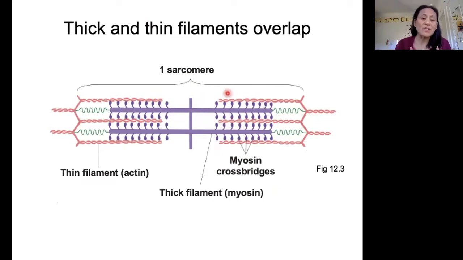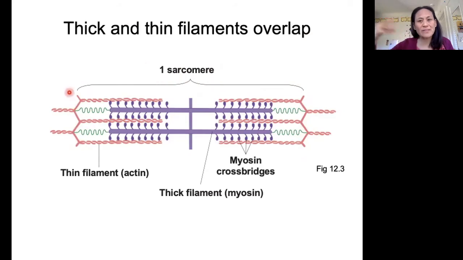When we are talking about muscle contraction, we think of these thick and thin filaments in functional units. Okay, so the functional unit that we talk about is the sarcomere. So a sarcomere is a unit as illustrated here. So if you go from this zigzaggy pink structure called the Z line to the next zigzaggy pink structure, that is one sarcomere. Okay. It's a repeating unit.